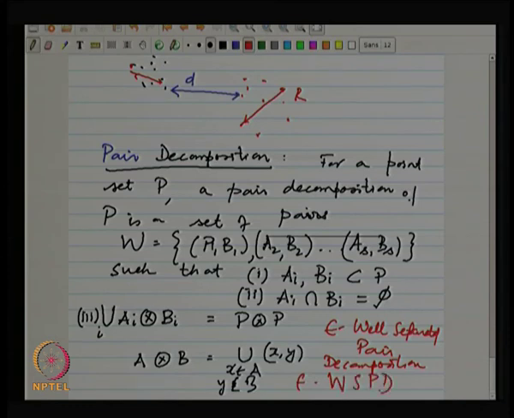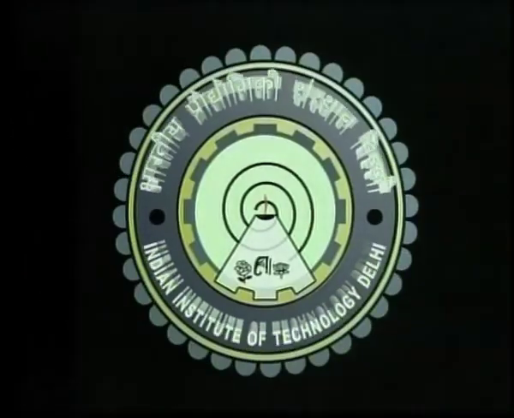So, this is what we will take up next time, and we will show that this way of decomposing points has applications to many things, including the ones that I just mentioned today.